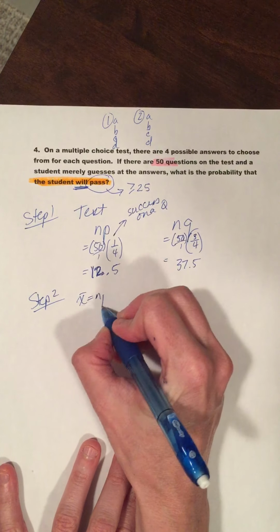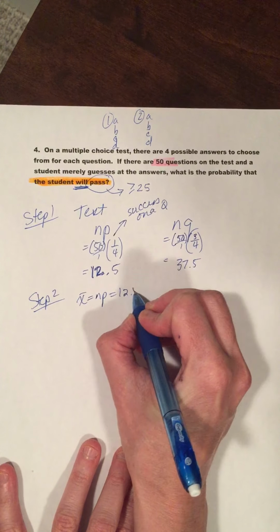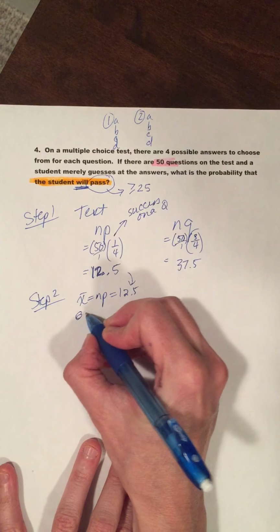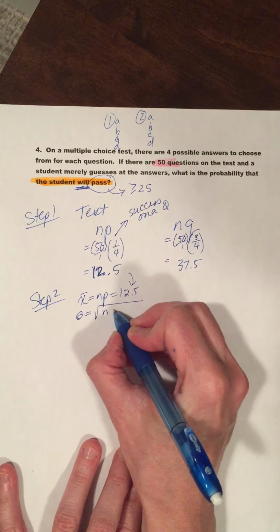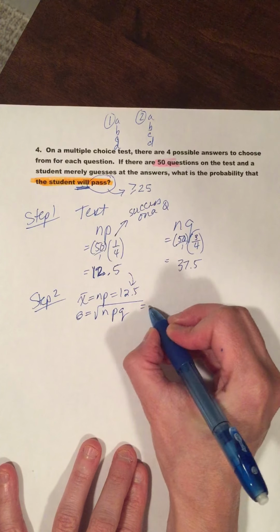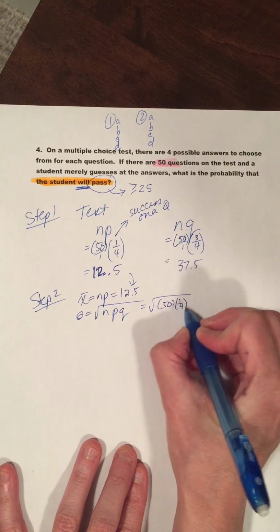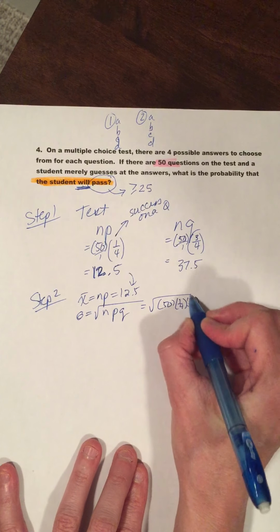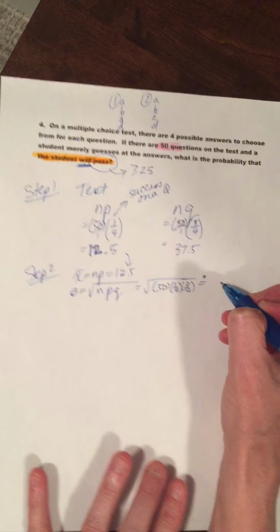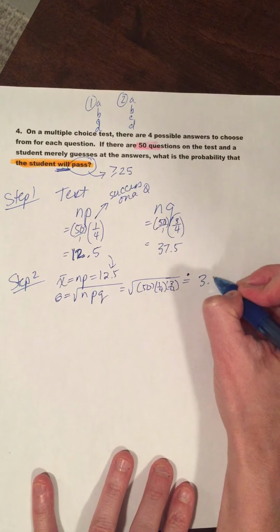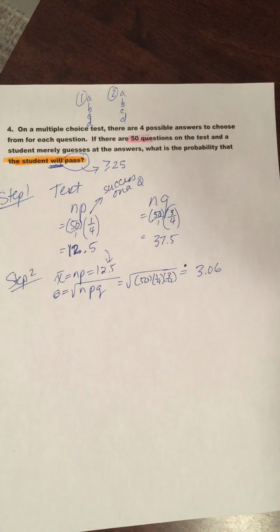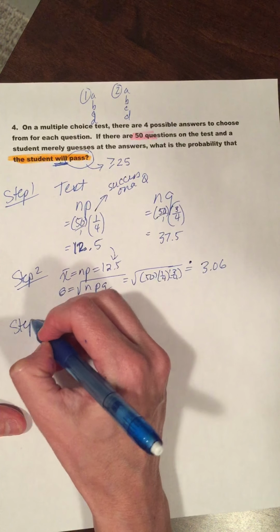My X bar is already done for me, so that saved me some nice work. My sigma, I'm going to do right now: 50 times a quarter times 3/4, all square rooted, again being careful, 3.06. Okay, now step 3.